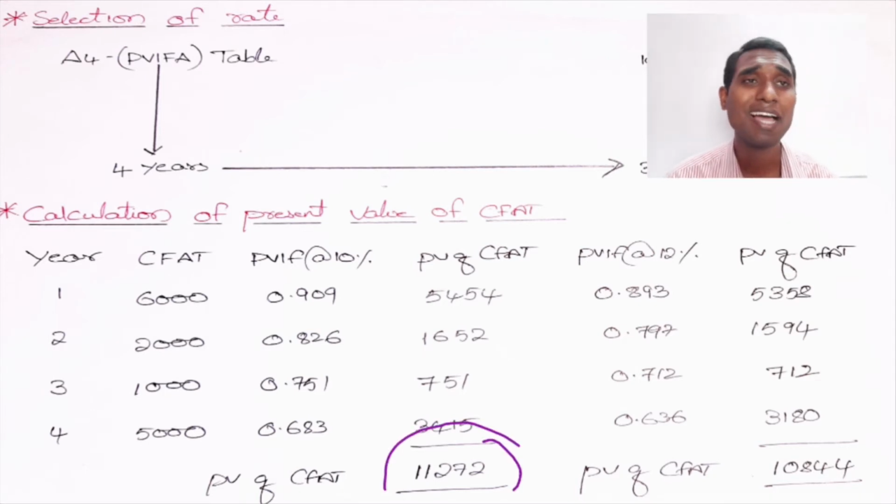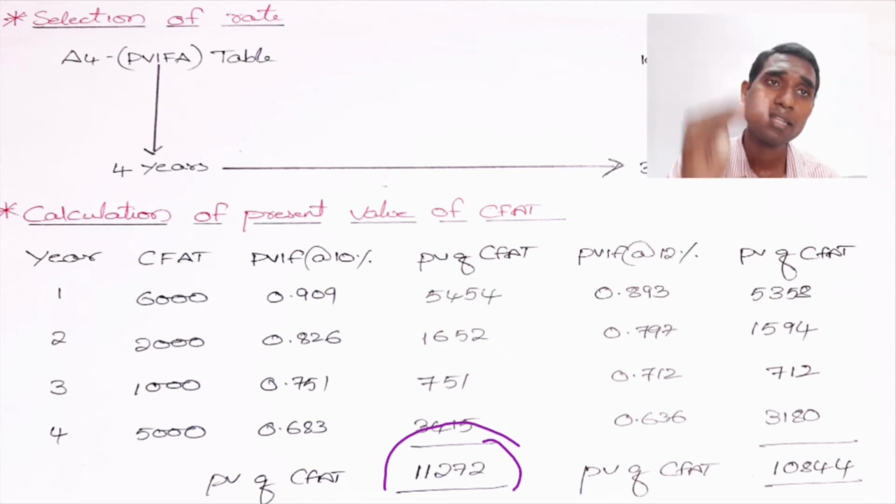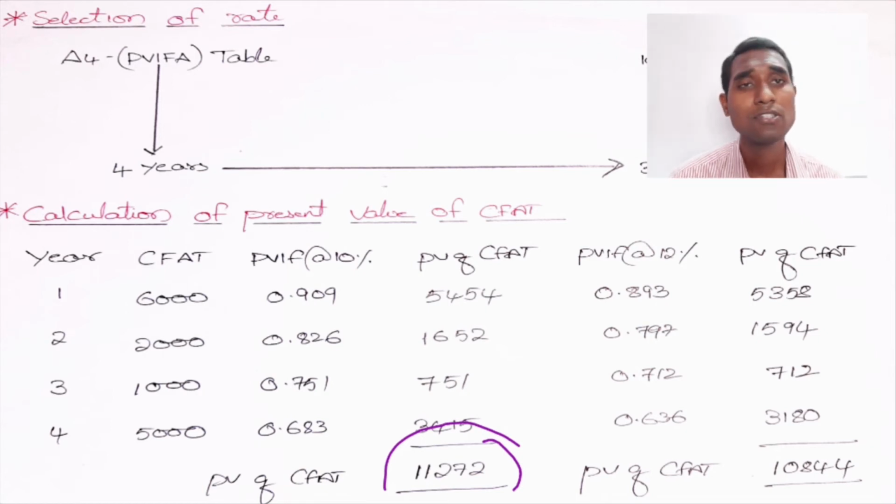As you know, in IRR, we should find a value more than the CO and a value less than the CO. Now when I tried at 10%, I got 11,272, which is more than 11,000. So I want a figure which is less than 11,000. One figure I have more than the CO, that is 11,272. The other figure I want is less than 11,000, anything that is less than or close to 11,000.